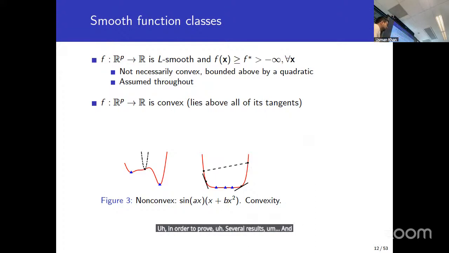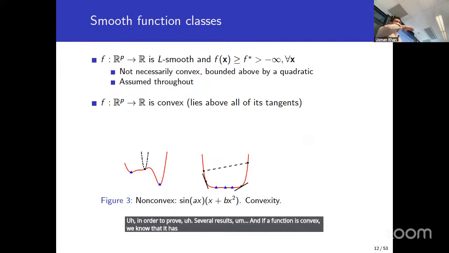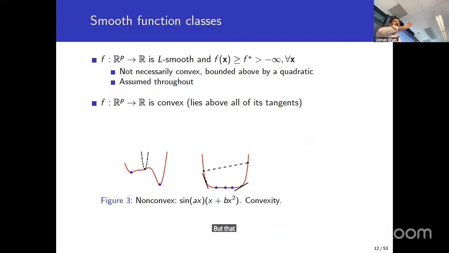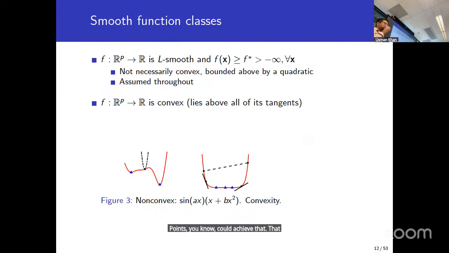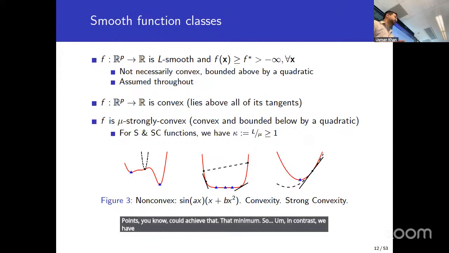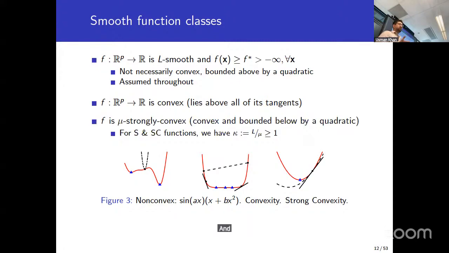And if a function is convex, we know that it has a unique minimum, but that minimum is not necessarily achieved at only one point. It could be a flat minimum, so several points could achieve that minimum. In contrast, we have strongly convex functions, defined as functions that are bounded below by a quadratic.